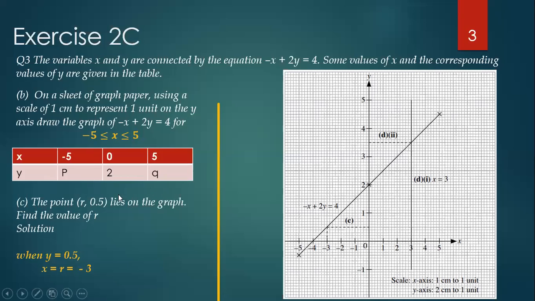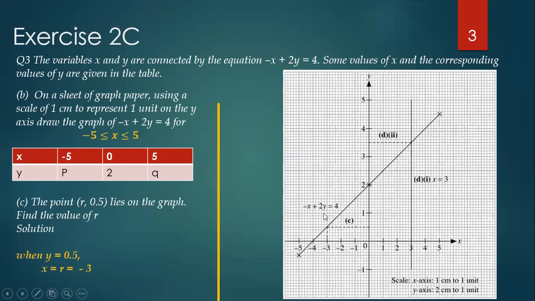Now, the thing is this: if we give you a point which has a y coordinate that is half on this line, you need to find the x coordinate, which is r. So can we find it?